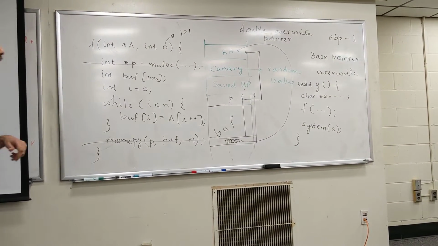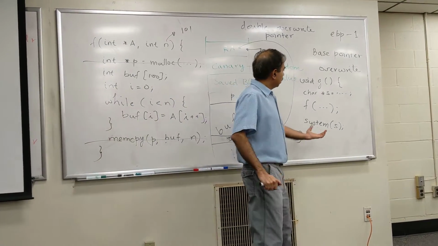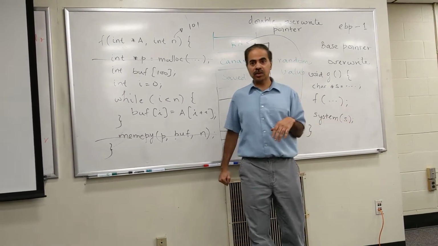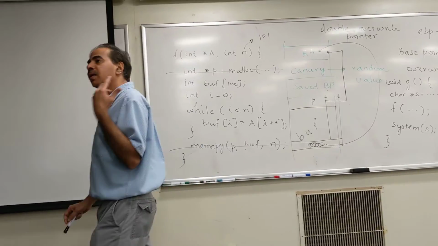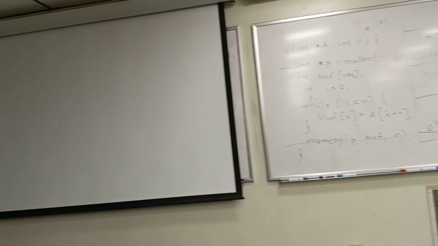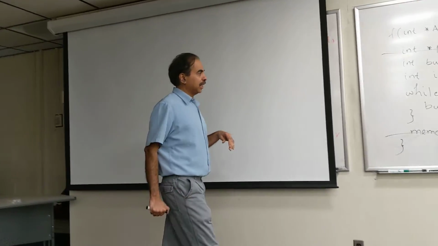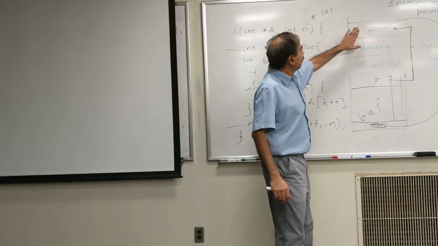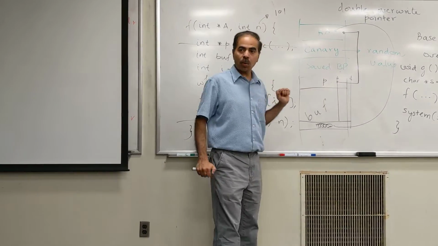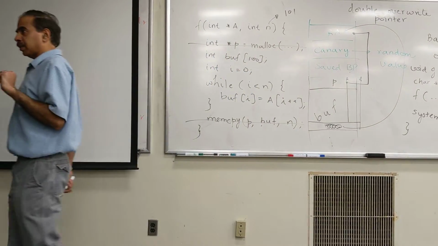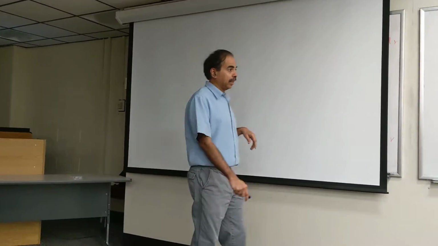So this way, the attacker can control the command that's going to be executed here. Again, depending upon how your vulnerable program is, the attacker may be able to carry out their attack without affecting the return address by simply overwriting the base pointer. So these are some of the attacks that can succeed in spite of having a canary.